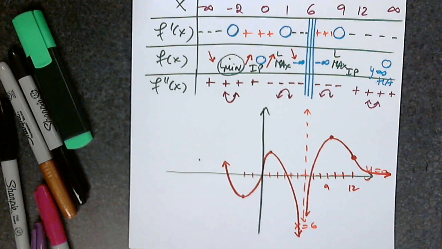Can somebody come up with a different graph? Of course. But all these conditions have to be fulfilled. Any questions from me on this?